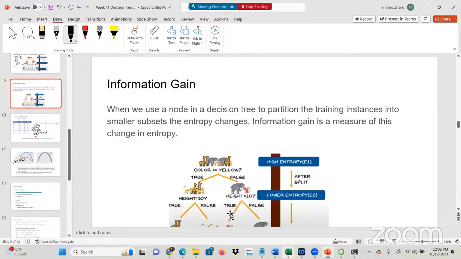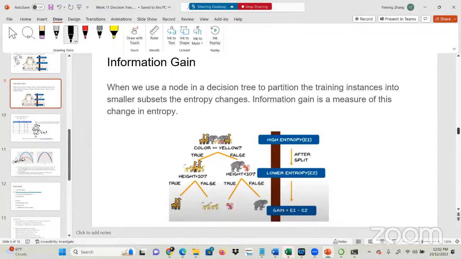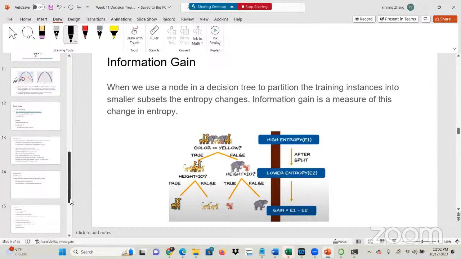At the end of the tree, each leaf only has one class. That comes to the perfect result. However, sometimes with your data set, it cannot come to the perfect result.